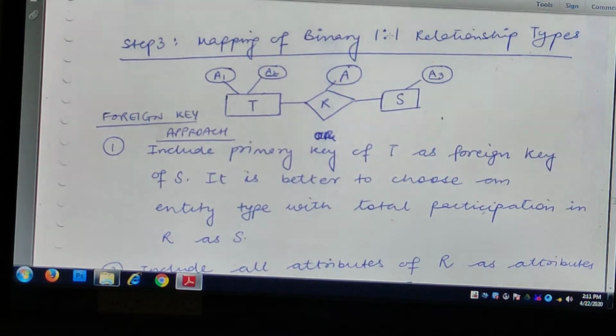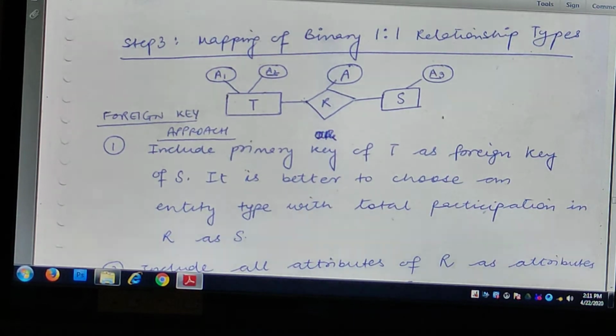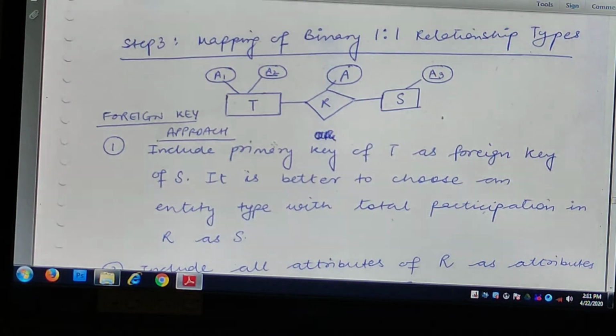While mapping the one-to-one relationship type, the primary key of the table at the partial participation side, like T in this case, will be included as foreign key in the table on the total participation side. I am assuming that here we have total participation. What I will do is, I will include the primary key of T as foreign key in S, right?